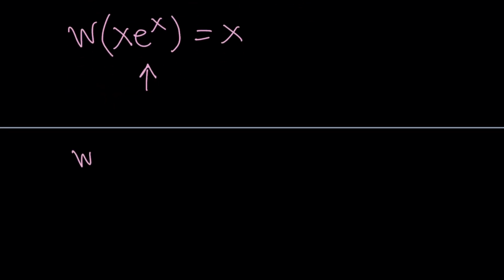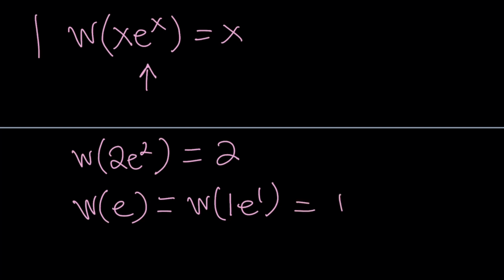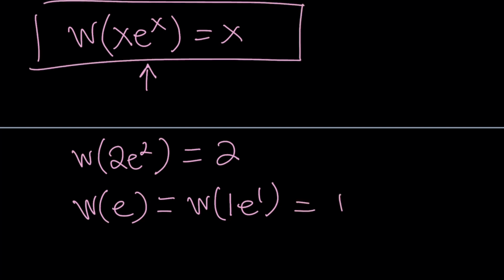What is W of e squared? Well, you probably noticed that x is 2 in this case, and the result is x, so it's 2. Make sense? What about W of e? Well, I can write the e as 1 times e to the power 1, and that would be 1 by the very definition of Lambert's W function.